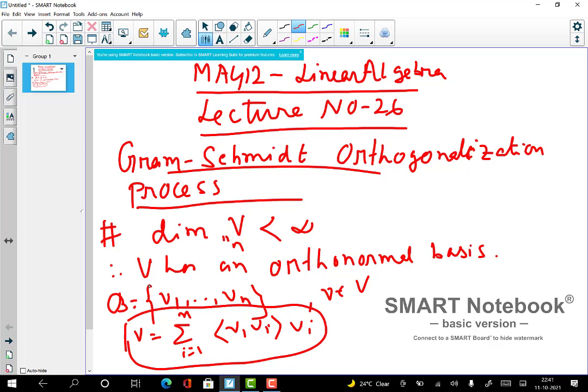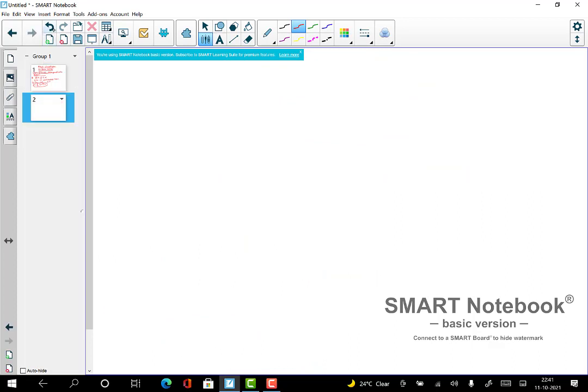Okay, so you can start giving some examples, and then we'll go to many applications and other corollaries of this Gram-Schmidt, apart from this corollary. So maybe you can start with some example of how you actually write it in terms of that.